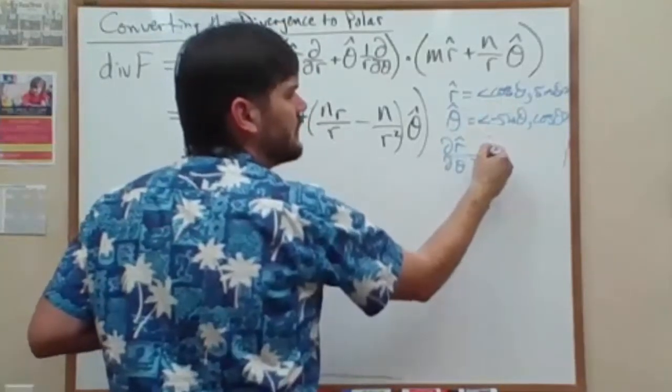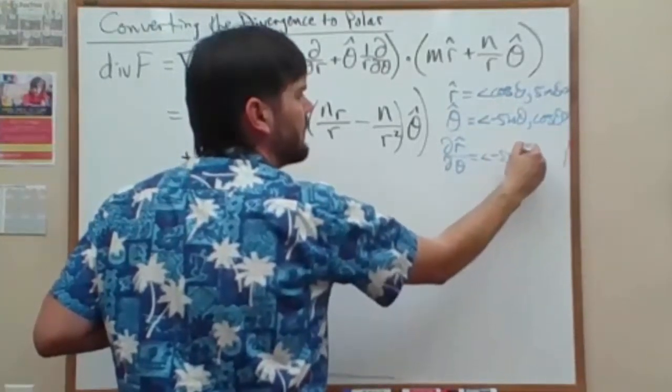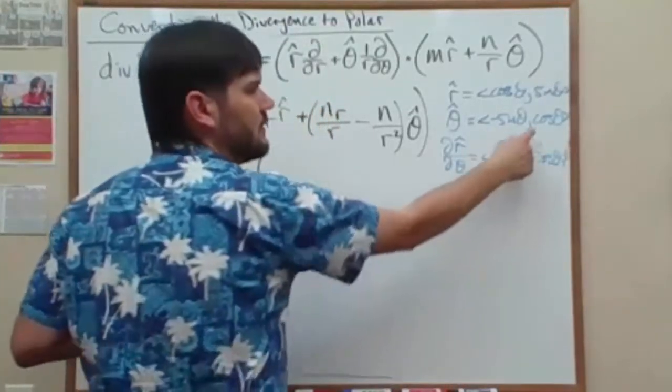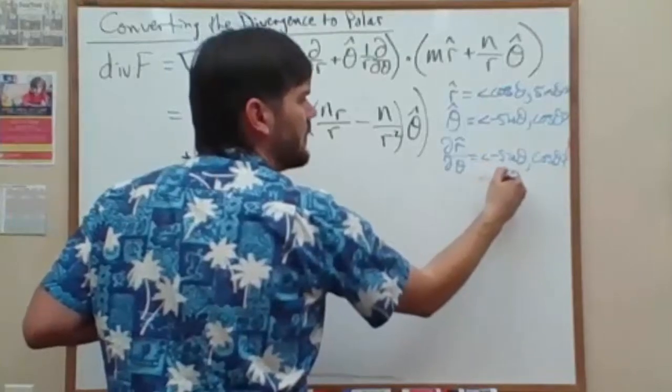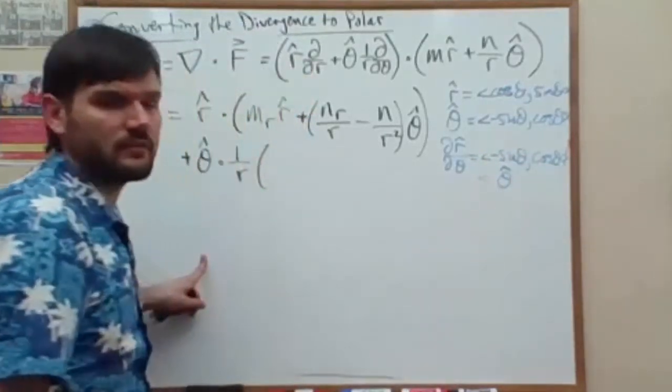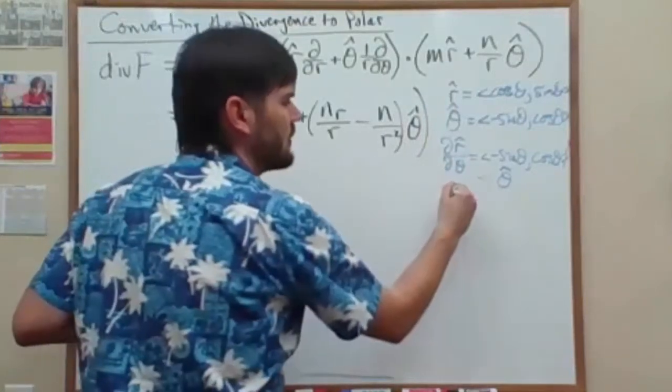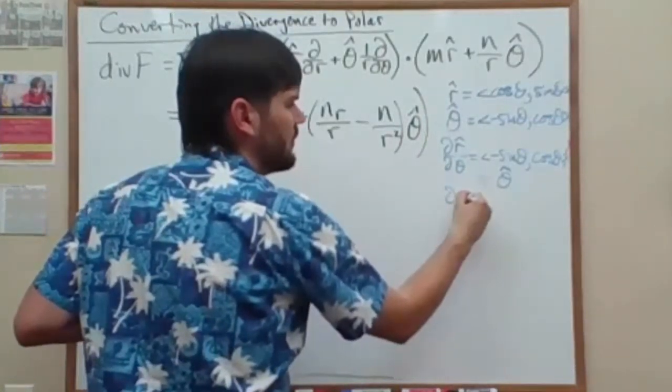I get a negative sine of theta and a cosine of theta, which is theta hat direction. So the derivative of r hat is theta hat in terms of the angle.